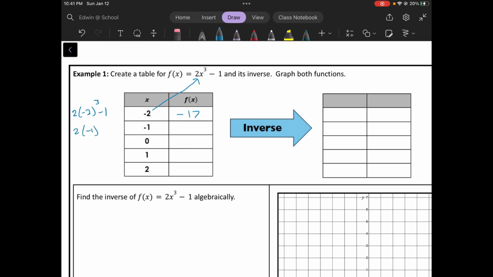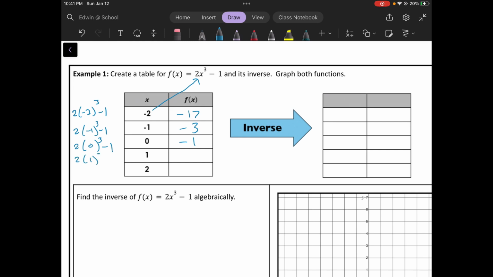So if we plug in negative 1 now, that means we're going to have negative 1 cubed, which is negative 1, times 2, which is negative 2, minus 1 is negative 3. If we plug in 0, that one looks easy. We have 0 cubed, which is 0, times 2, which is 0, minus 1, we get negative 1.